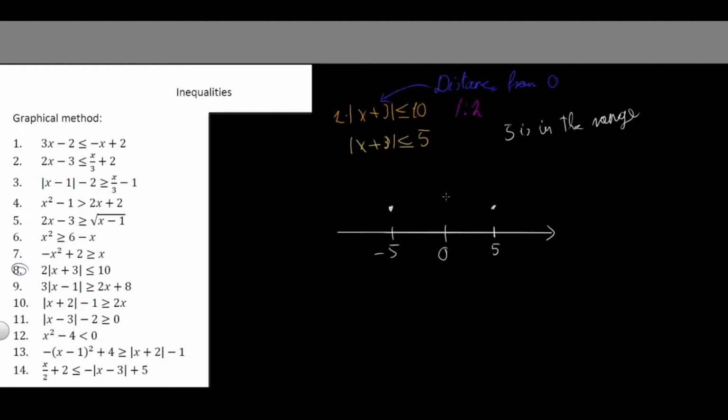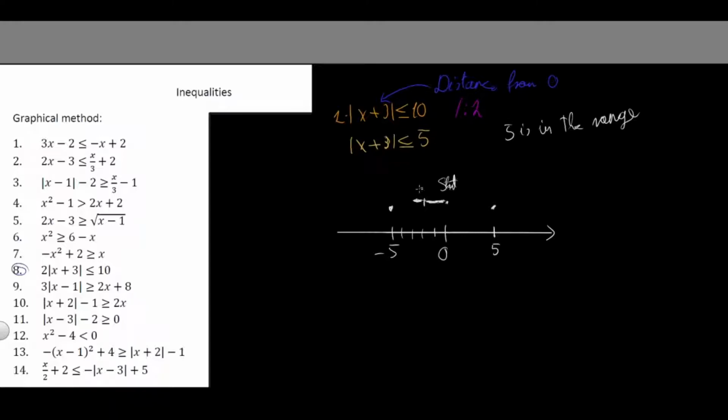So what do I mean by distance? This is the start point, 0. You start counting from this point. This is distance 1 because you've gone one step away. This is 2 steps.